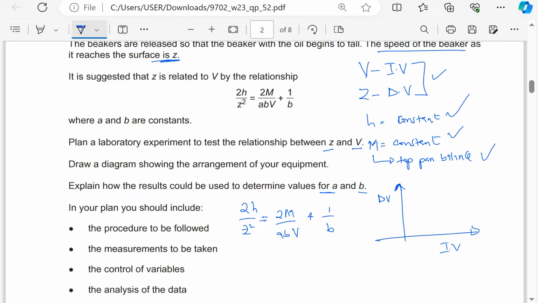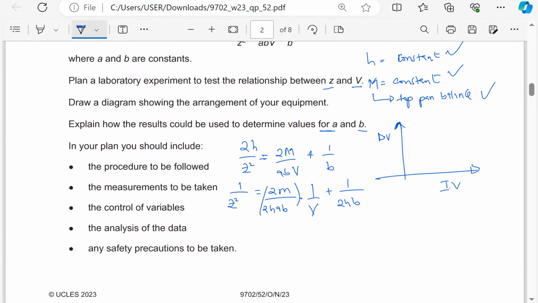When I divide both sides by 2h, I remain with 1 over z squared on the left equal to 2m over 2h a b times 1 over v. Because I know v is the independent variable, I try to separate it from this quantity here. Then plus 1 over, remember I divided everything by 2h, so this is 1 over 2h times b.